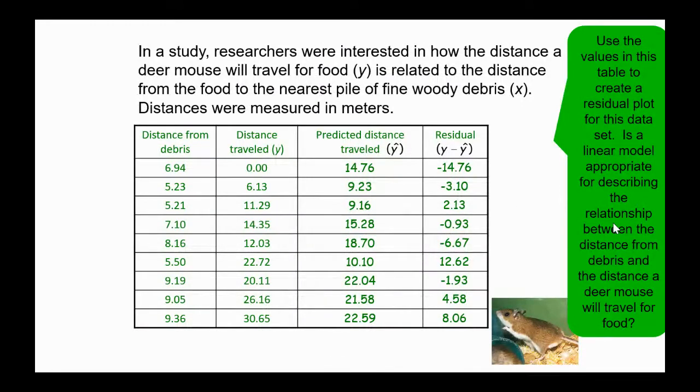Okay, so we want to use the values in the table to create a residual plot for the data set. And then, using that plot, state whether we think the linear model is appropriate. There's a couple of different ways you could do this.